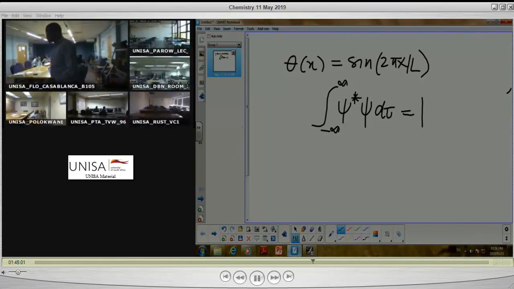In order to normalize an equation, we multiply by a constant N for normalization. We are saying that the normalized version of the wave function is the wave function times a constant. That's the constant we're looking for. How is it supposed to look?